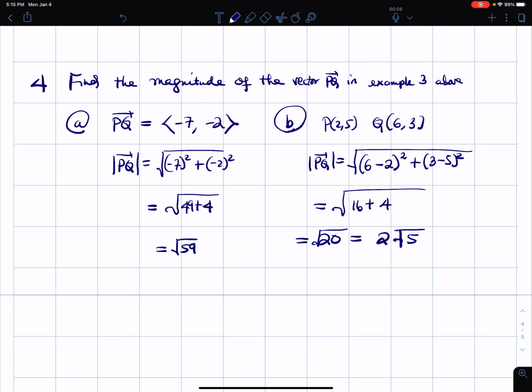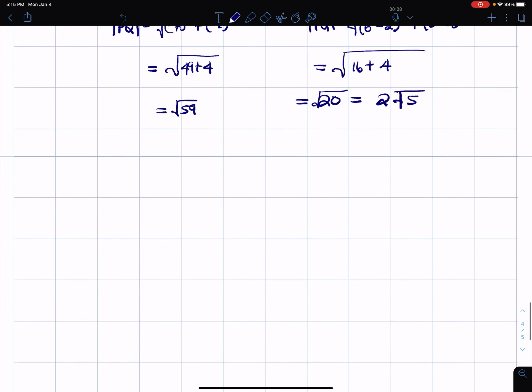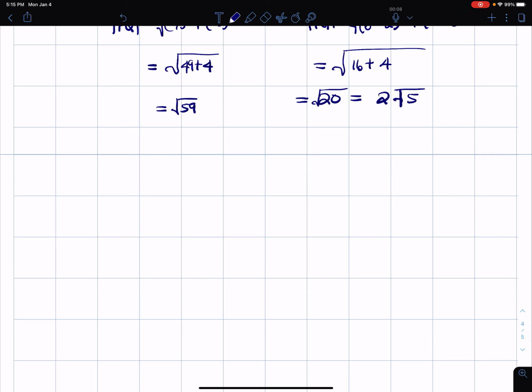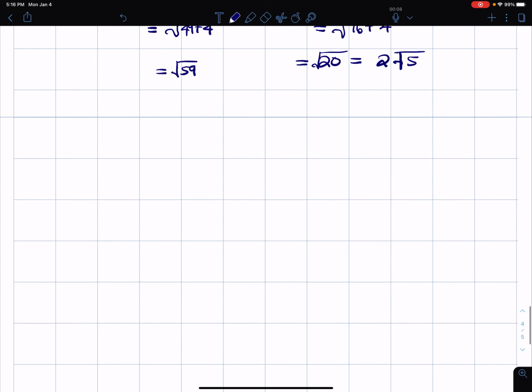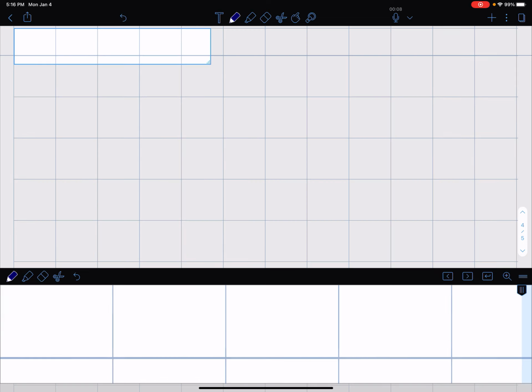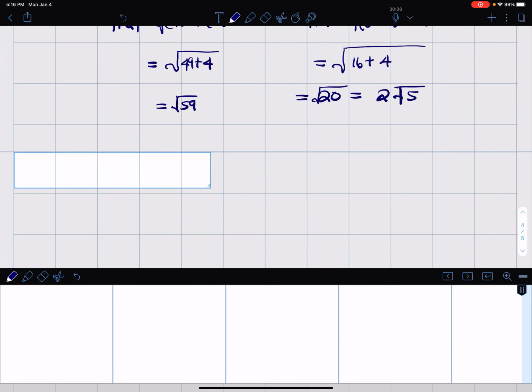We learned to add vectors earlier using the parallelogram rule and the triangle rule. Now that we have another kind of notation, the position vector notation for vectors, let's see how we can add vectors that way, and trust me, it becomes way easier.